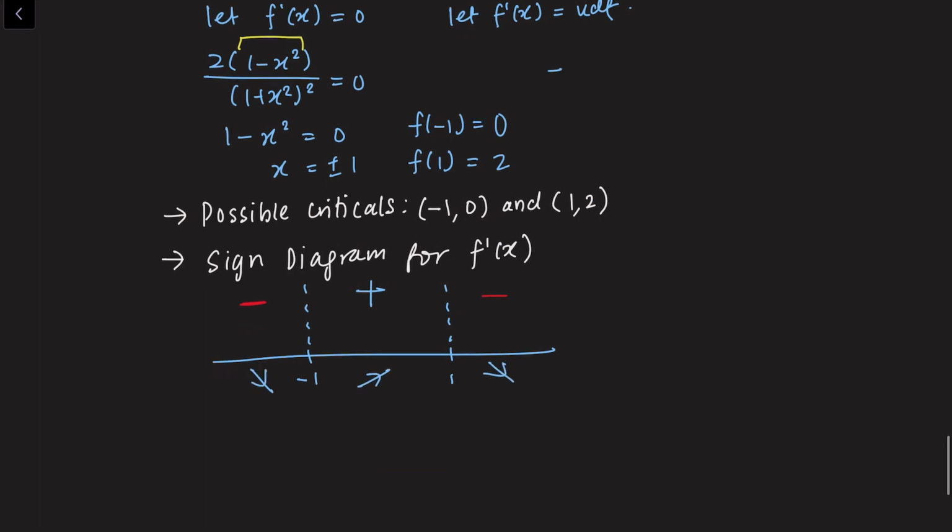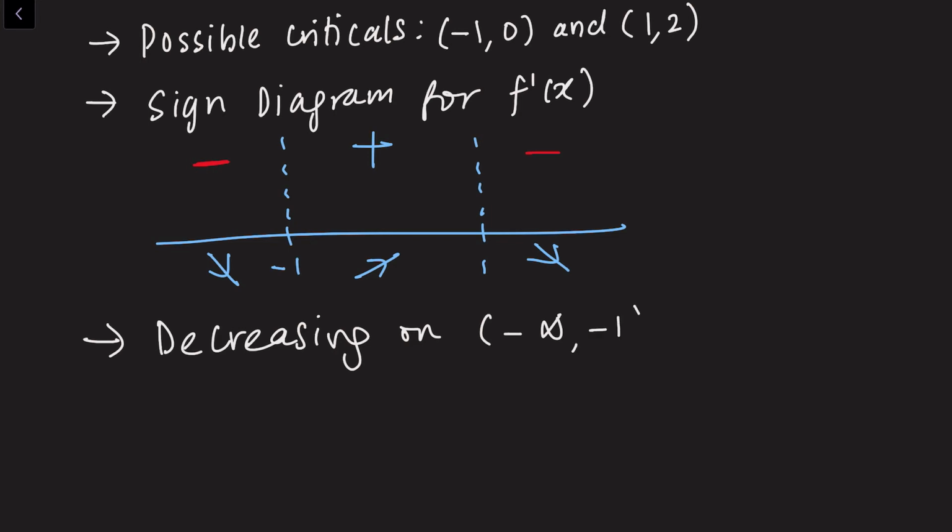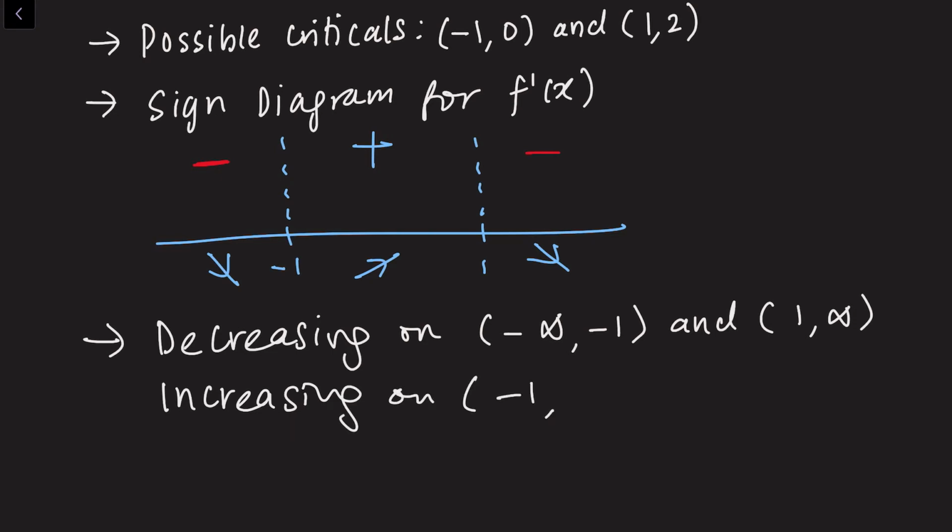And if you like, you just write it is decreasing on, just now we said that the domain is -infinity to -1, and from 1 to positive infinity, increasing on -1 to 1.